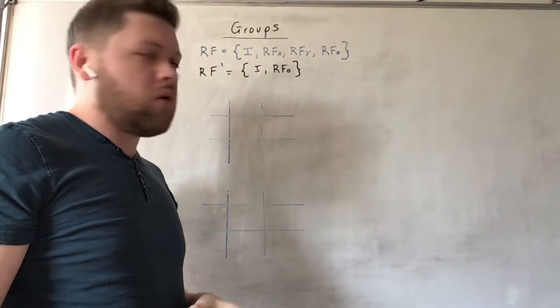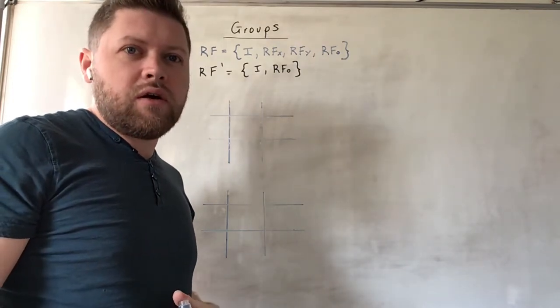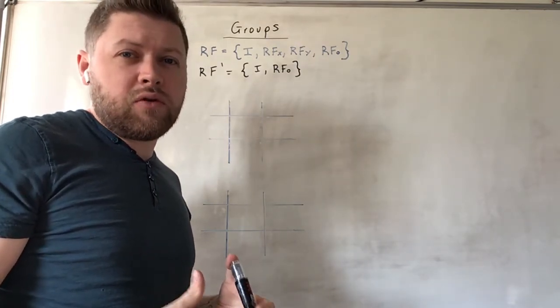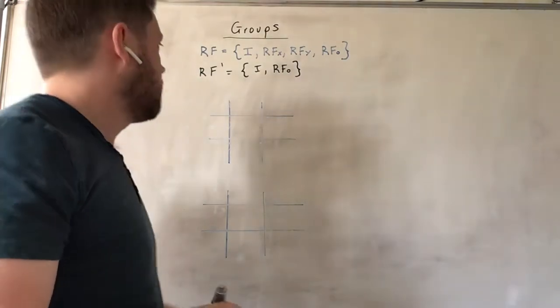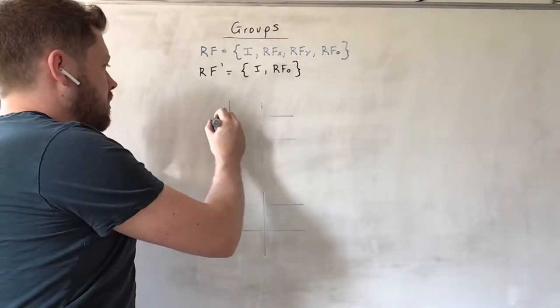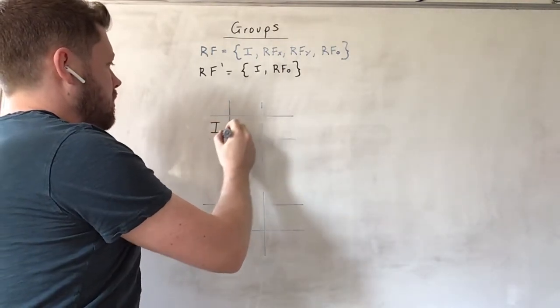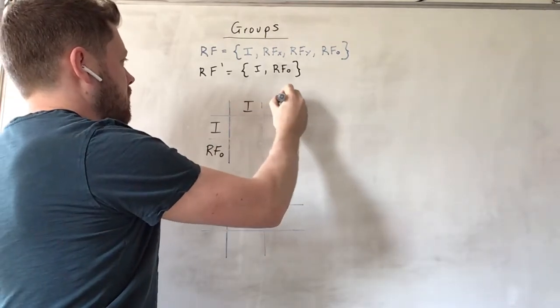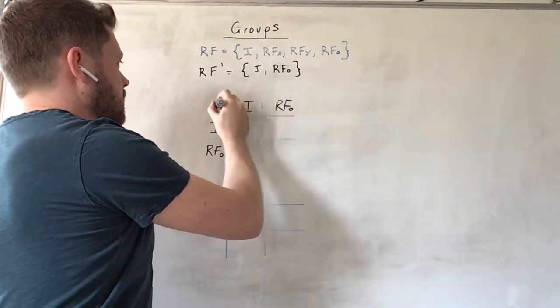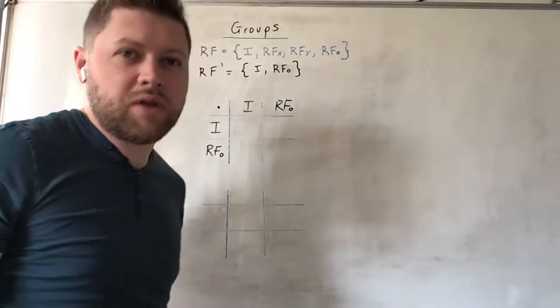Well, what we can do is explore its multiplication table. This one is a little bit easier because it has just two elements. Let's put I here, RF0 here, and the binary operator is just combination.